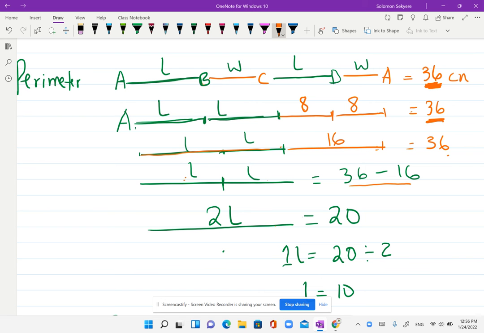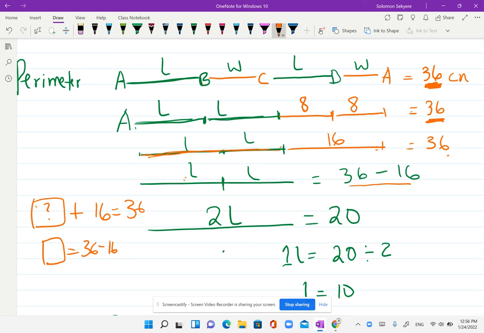We don't know this part. What does it mean if we have a box plus 16 equals 36? What number goes here? This box here is 36 minus 16.